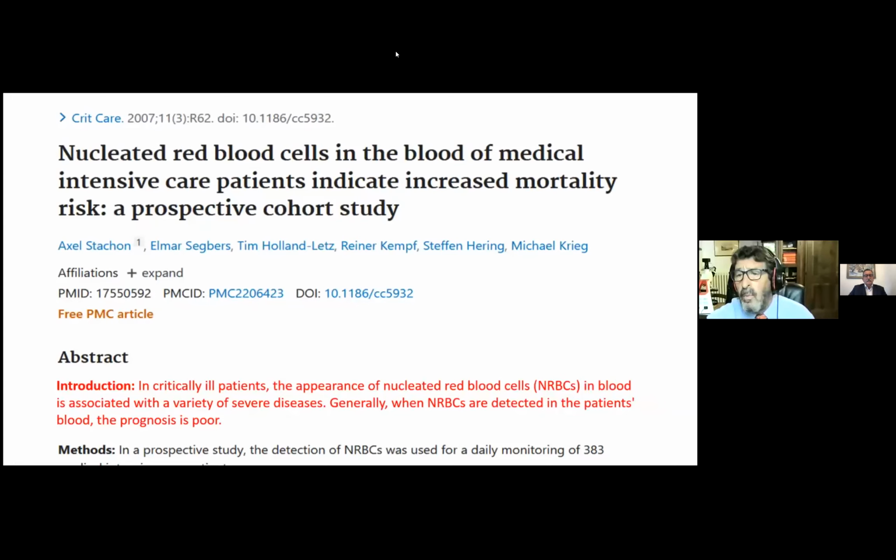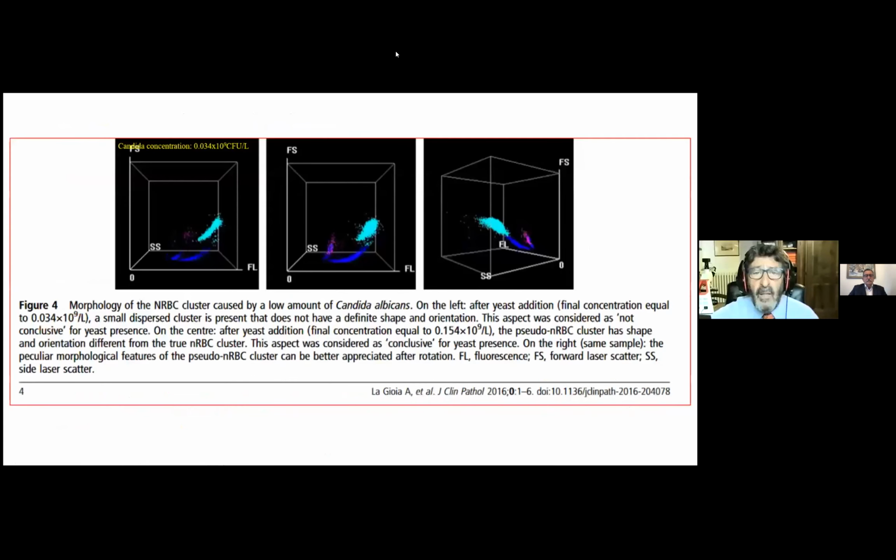We also evaluated the minimum number of blastospores necessary for the NRBC cluster to take on its typical shape and layout. As the left figure shows, below 0.154 per 10 to the ninth per liter, it is not easy to understand whether it is a true or pseudo NRBC.